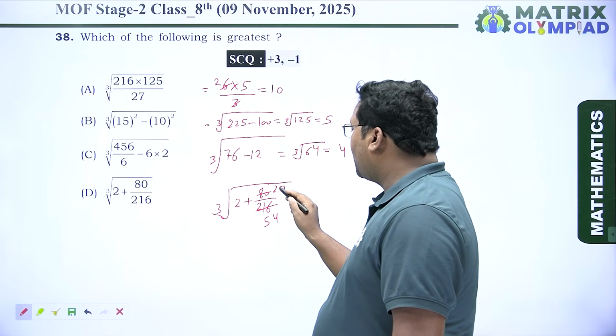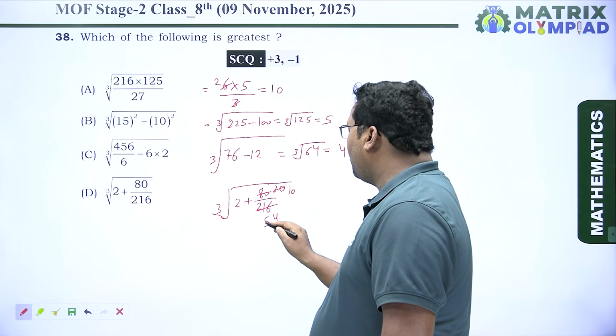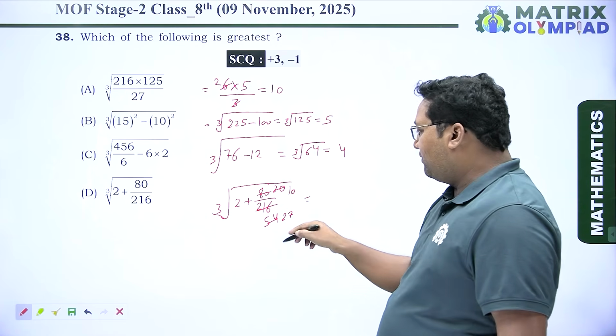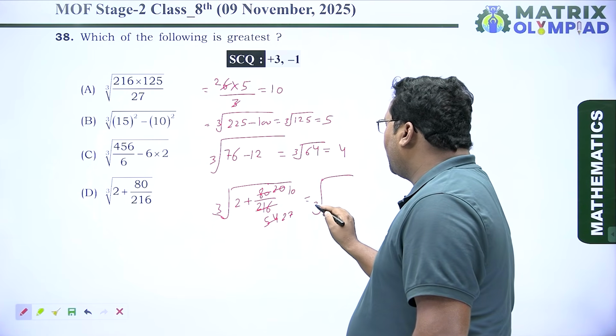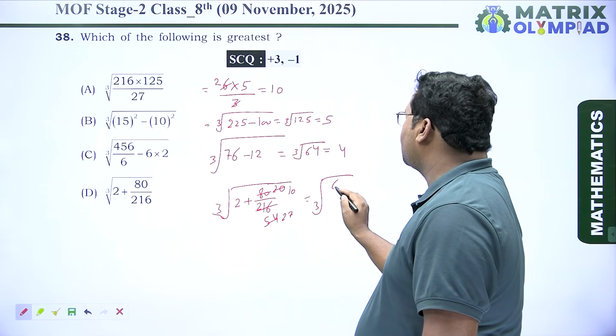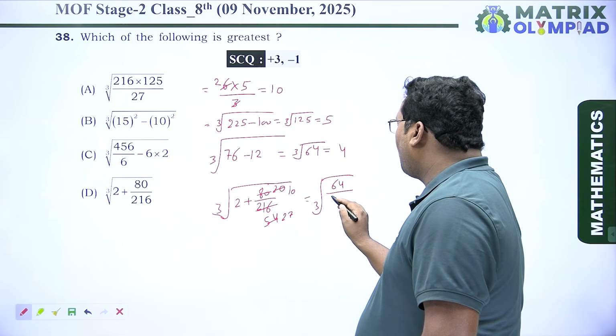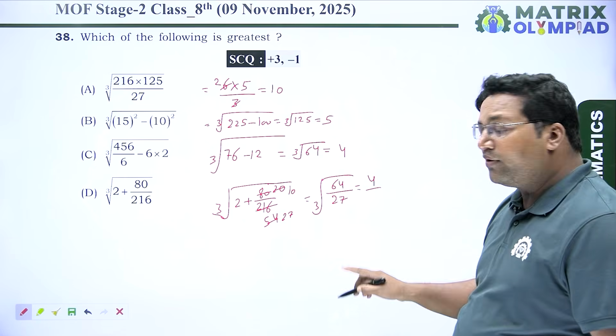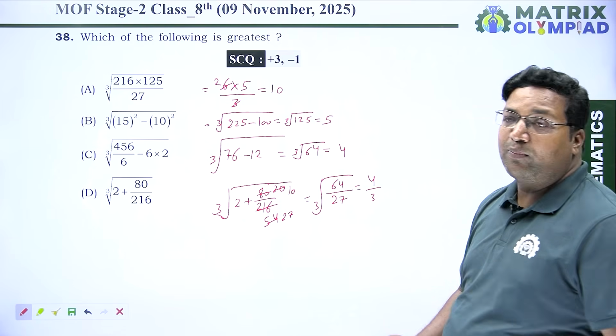Again both numbers are divisible by 2, so it is 10 upon 27. Now we have to solve this expression, so we get 27 into 2 is 54. 54 plus 10 is 64 upon 27, and cube root of 64 is 4. Cube root of 27 is 3, so it is 4 upon 3.